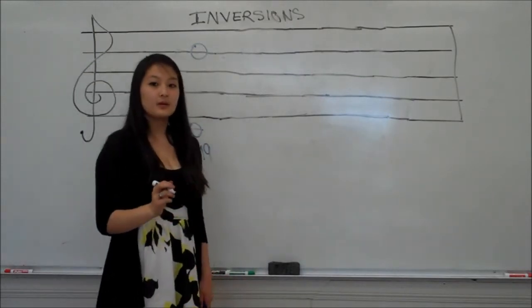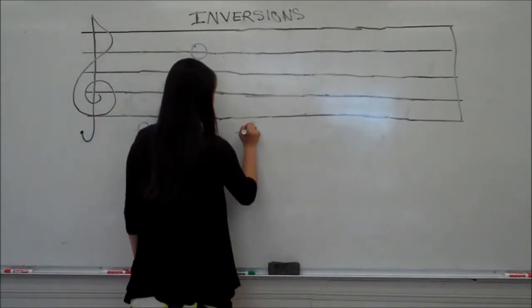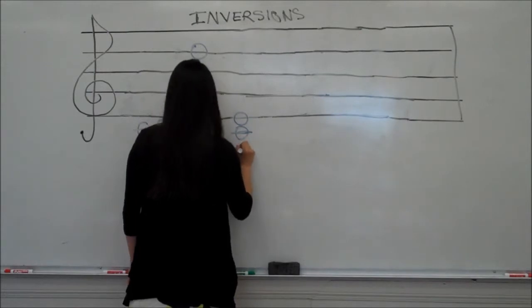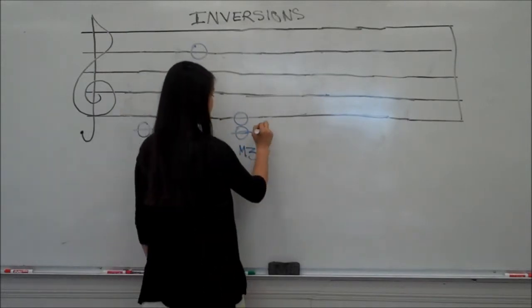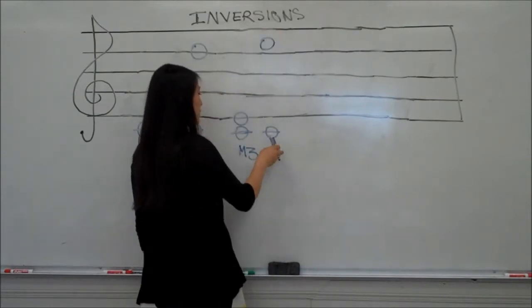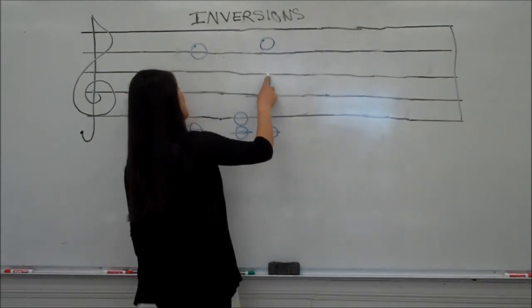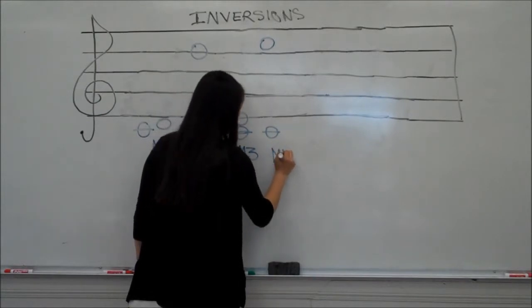Our next example is a C to an E, which would normally be a major third, but then keeping the C here, but moving the E up here changes it to a 1, 2, 3, 4, 5, 6, 7, 8, 9, 10, a major 10th.